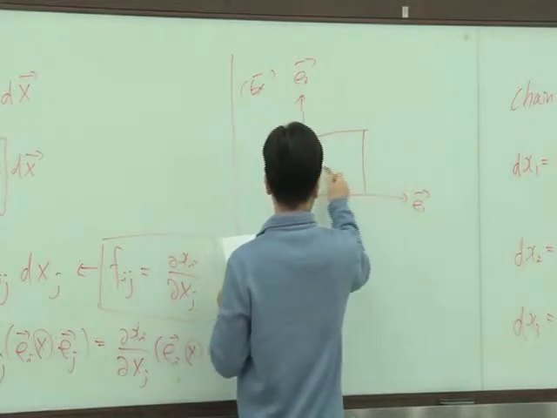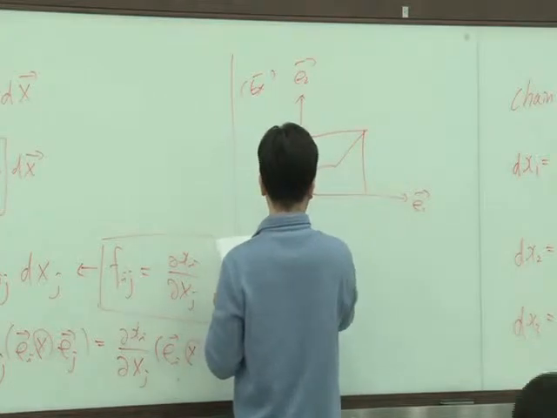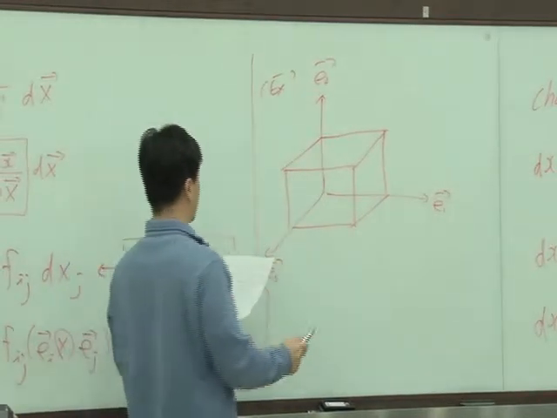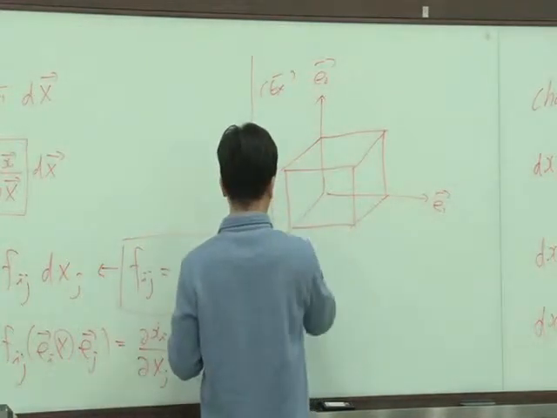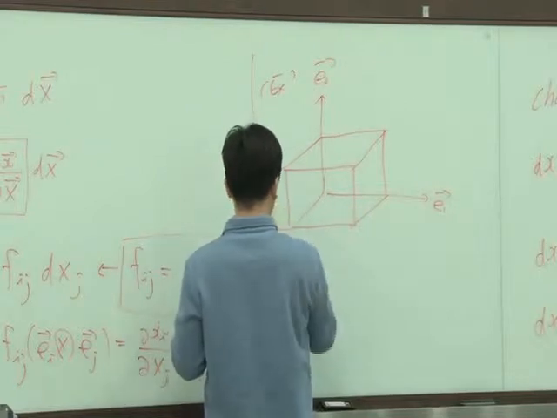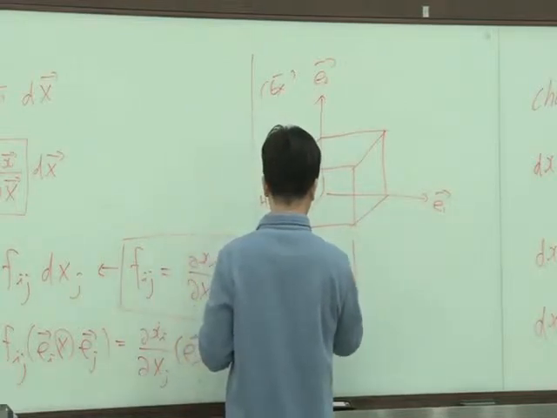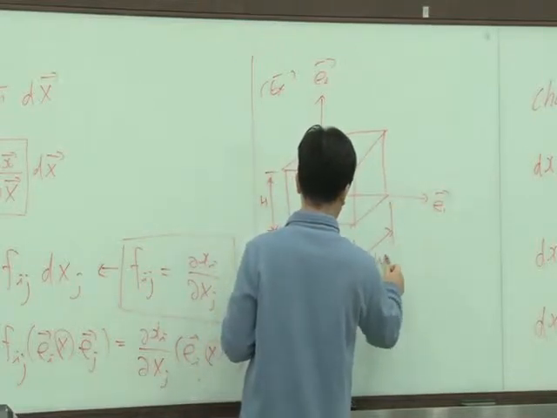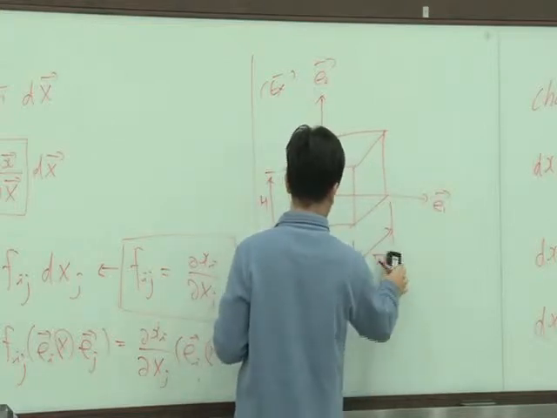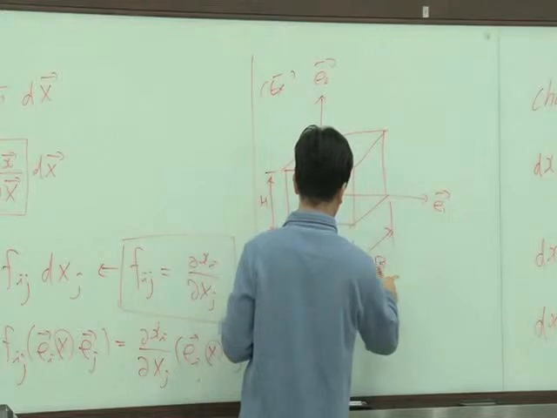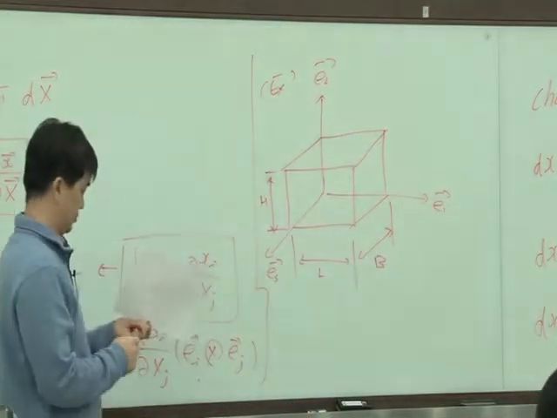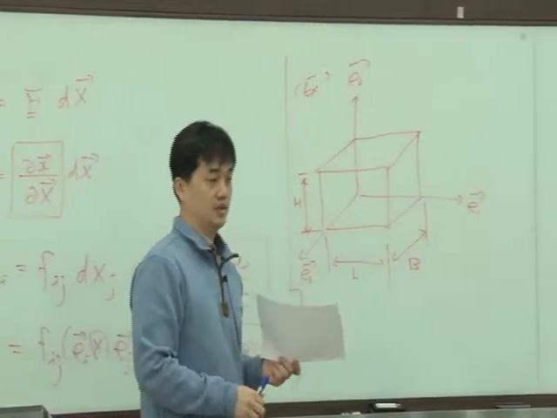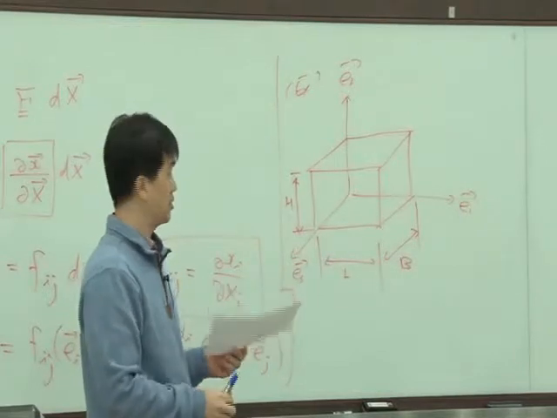Initially, we have a body that looks like this cube. This is the initial body. It has height h, length L, and width B. This is the initial body, the body at the initial configuration.